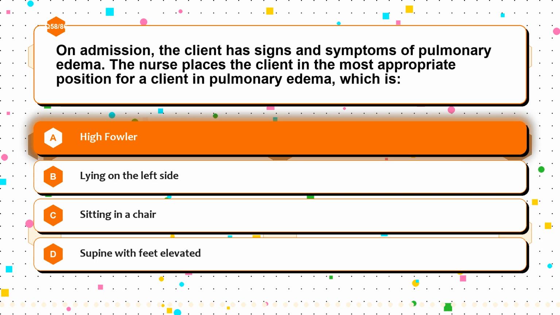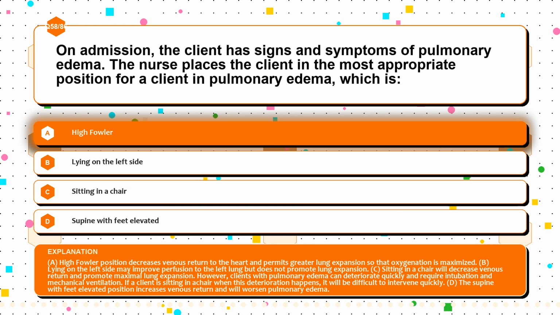The correct answer is option A, high Fowler. A high Fowler position decreases venous return to the heart and permits greater lung expansion, so that oxygenation is maximized. B. Lying on the left side may improve perfusion to the left lung, but does not promote lung expansion. C. Sitting in a chair will decrease venous return and promote maximal lung expansion.